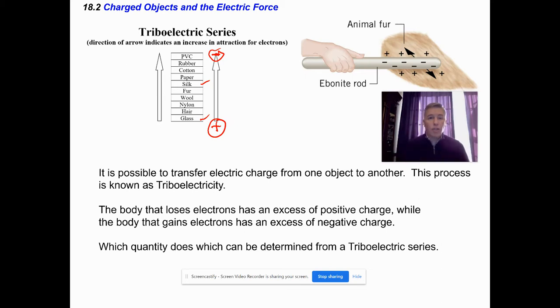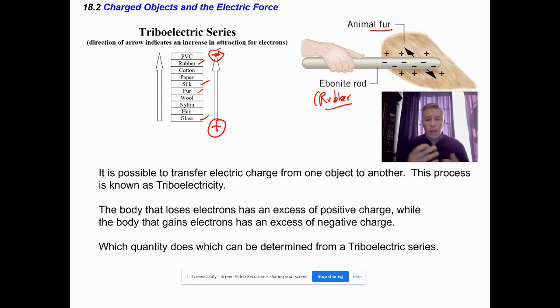Really what's happening is electrons are being transferred from the glass to the silk. The example they have over here, ebonite, is really just a type of rubber material. When you rub it against the animal fur, since the rubber is up here and the fur is down there, the ebonite is going to gain a negative charge, and the fur is going to lose those charges to it.